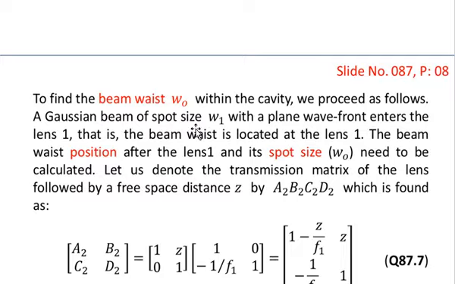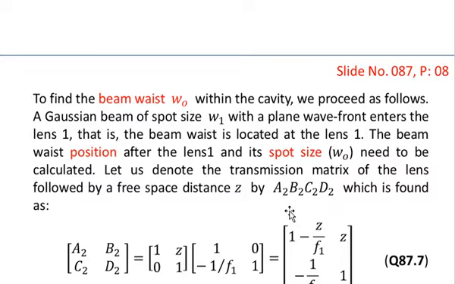That is, the beam waist is located at lens 1. The beam waist position after lens 1 and its spot size W0 need to be calculated. Let's denote the transmission matrix of the lens followed by a free space distance Z by A2, B2, C2, D2, which is found from.